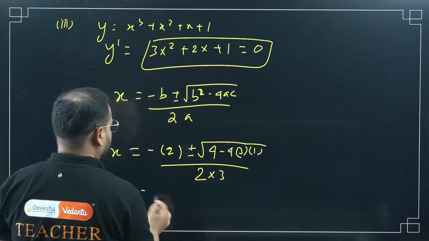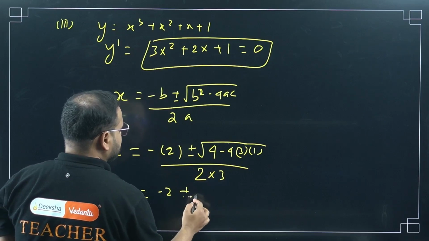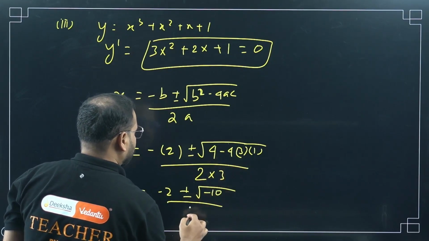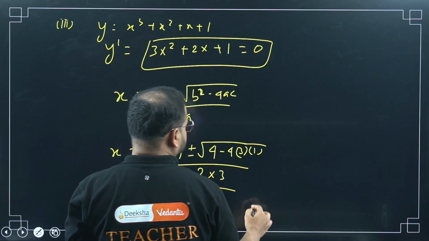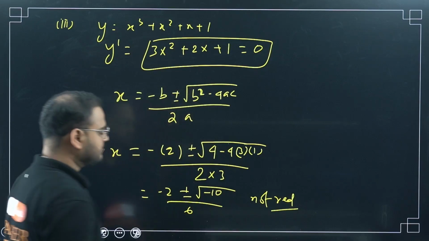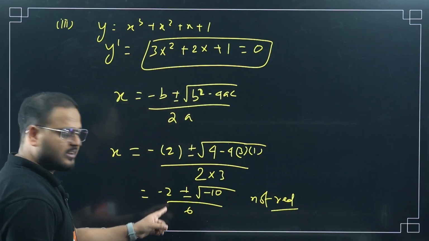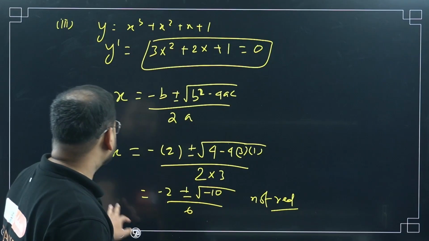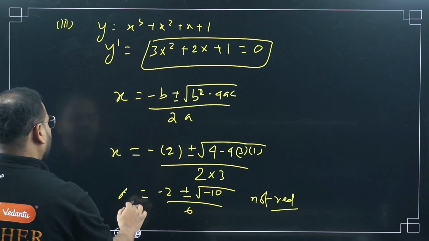How much is this coming as? Minus 2 plus minus root of 4 minus 12. How much is that? Minus 8... root of minus, upon 6. Is this a real number? Not real. Please check. The number minus 2 is real, but the root of a negative number is an imaginary, complex number. So x is coming as an imaginary number.